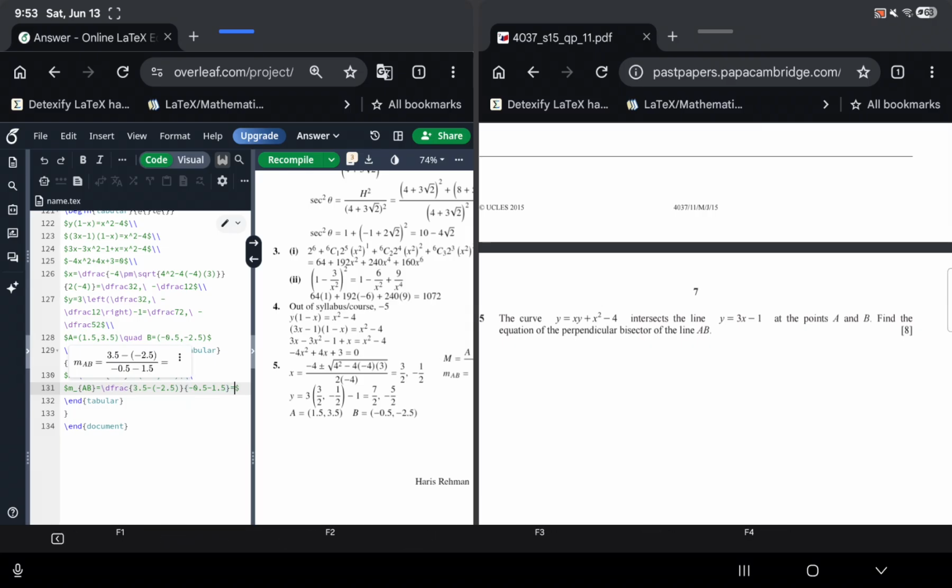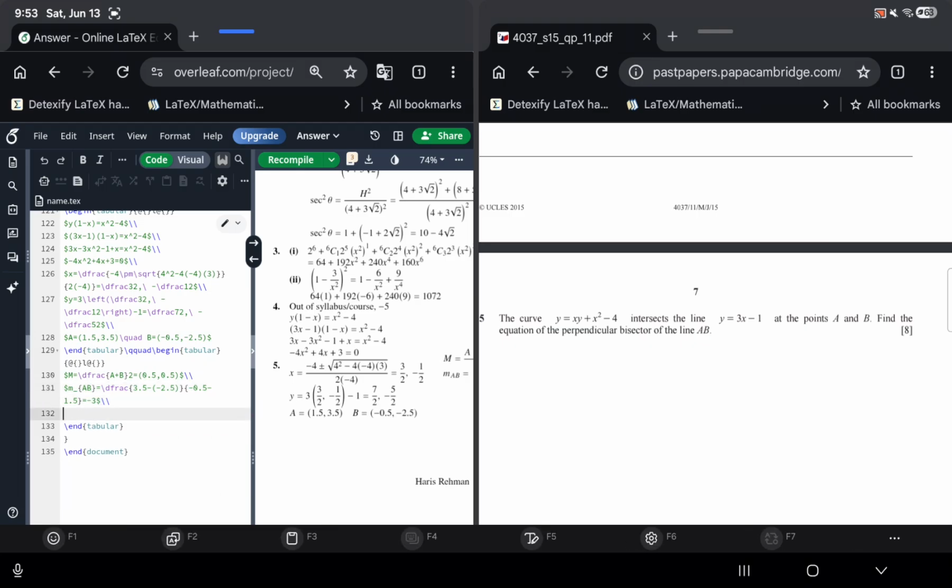I'm expecting this to be a negative value. 3.5 minus 2.5 and negative 0.5 minus 1.5, you get negative. Yes, I knew it.